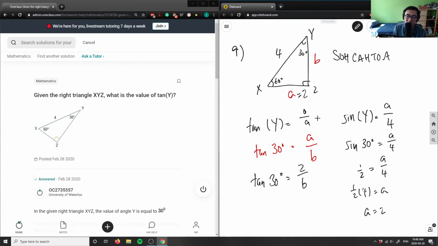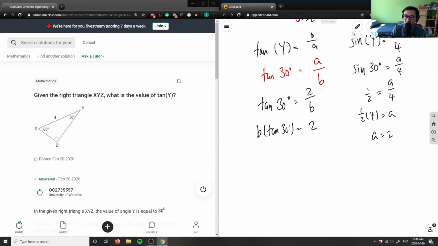So now what I can do is I can simply multiply both sides by B. So I would have B times the tangent of 30 equals 2. And then I can simplify tangent 30 first if I wanted to. Tangent 30 here equals root 3 over 3, right? So B times root 3 over 3 equals 2.